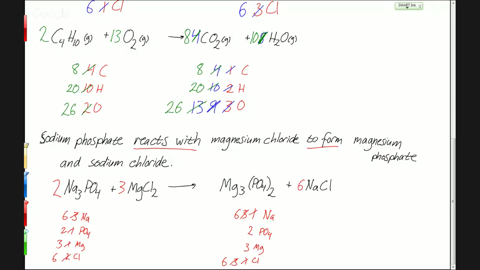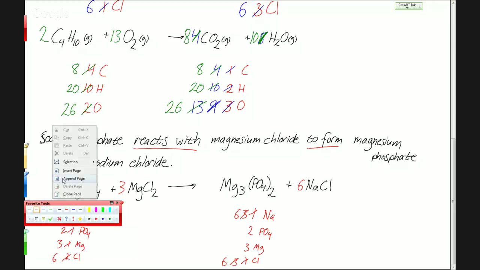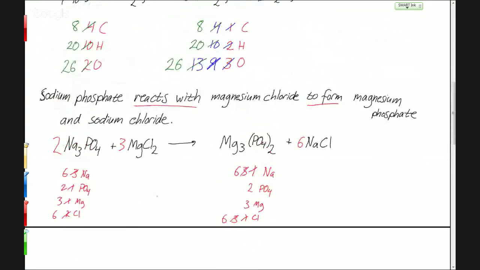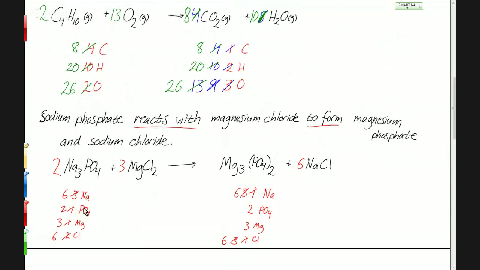One other thing I did here that you may notice: in balancing, instead of individually going P and O, I kept that PO4 phosphate ion together. That's not something that you have to do. It would also work if you do P and O, but it makes it a little easier because we can see in this reaction that the PO4 stays together from reactants to products.